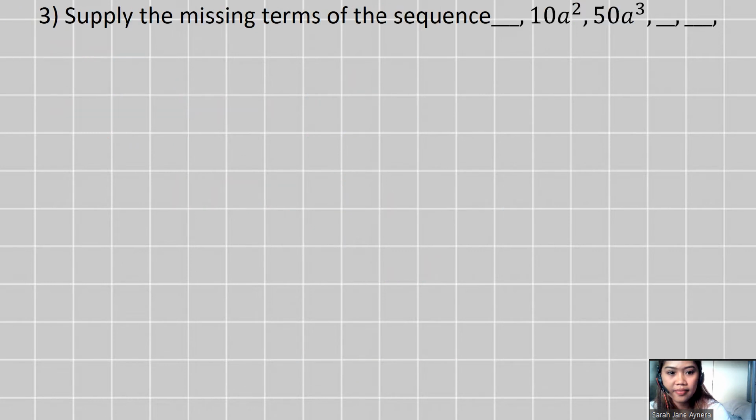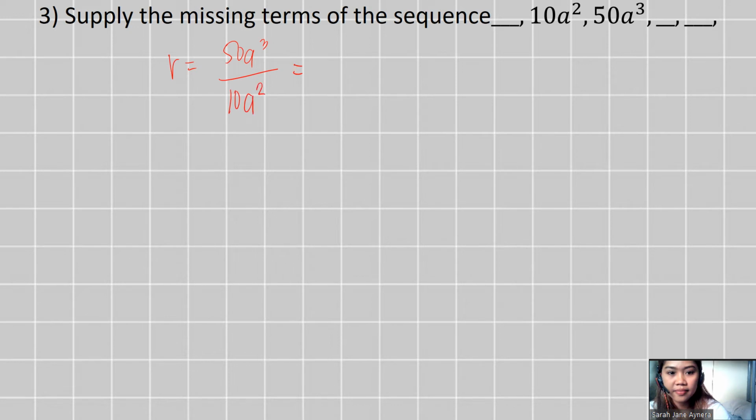For the third example, you are going to supply the missing terms of the sequence. So, we have here 5 terms, and the given are the second term and the third term. So, we can divide the third term by the second term to get the common ratio.